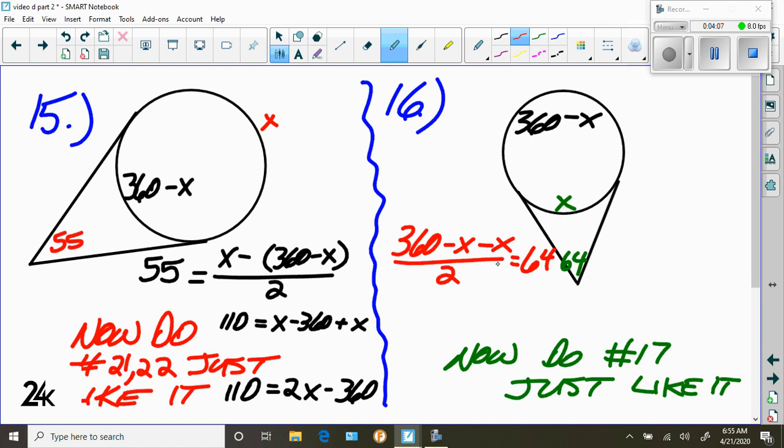So I can multiply, double, that. So it'd be 360, and then minus x is minus 2x. And that's going to equal 128. I just multiplied the 2 by the 64 and got 128. And then you would subtract 360 and divide by negative 2. You're going to have to do that on your own.